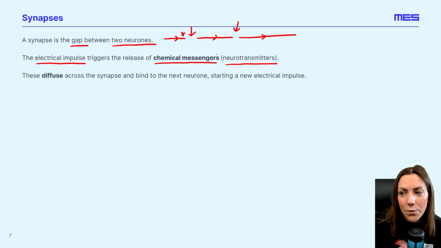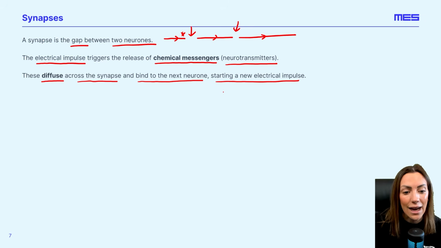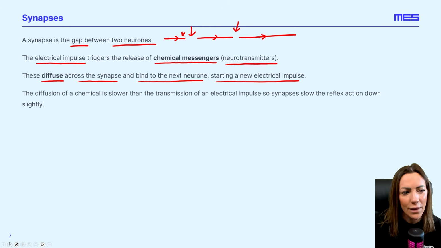It's a chemical. And the chemicals will diffuse across the synapse, bind to the next neuron, which will trigger another electrical impulse. Now, because transmission across a synapse involves diffusion of chemicals, diffusion of a chemical is slower than the transmission of an electrical impulse is.